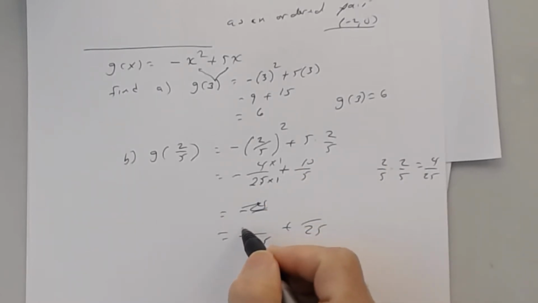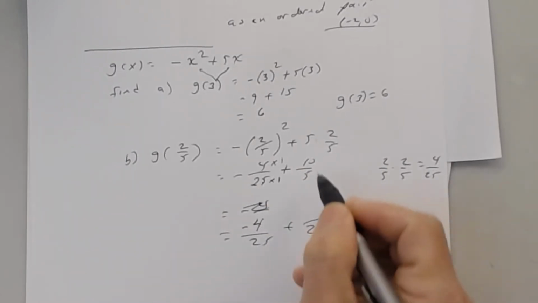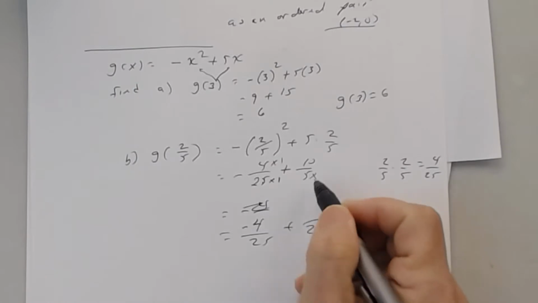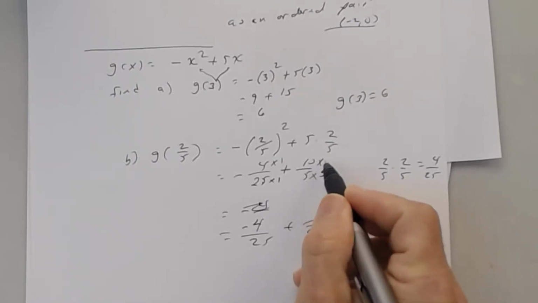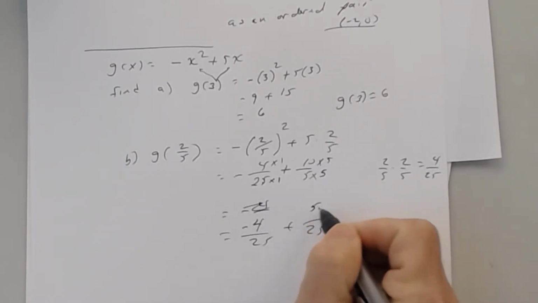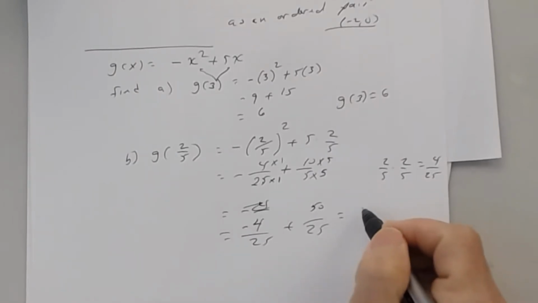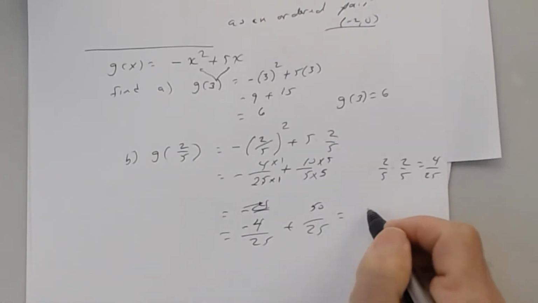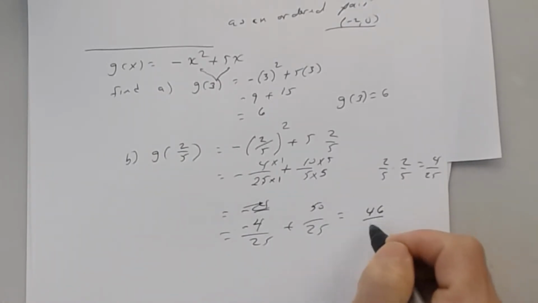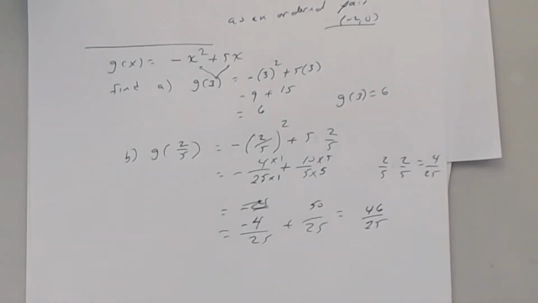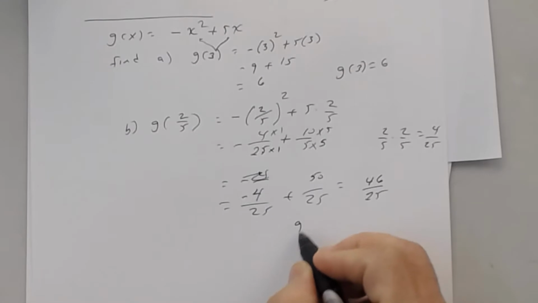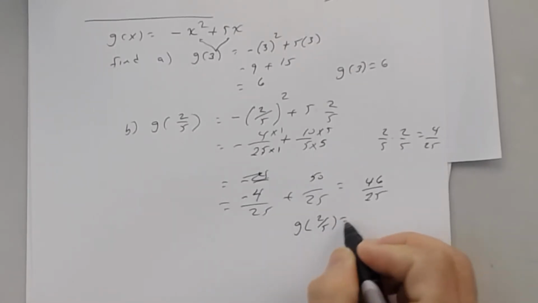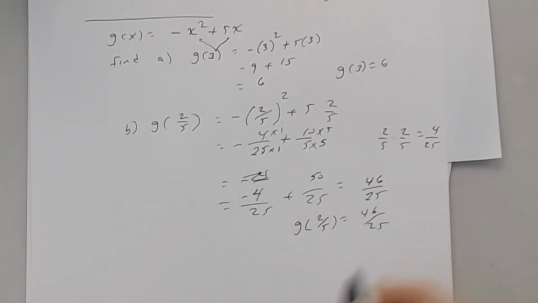So 10 times 5 is 50. What's negative 4 25ths plus 50 25ths? Positive 46 over 25. And that's your answer. So g of 2/5 equals 46 over 25.